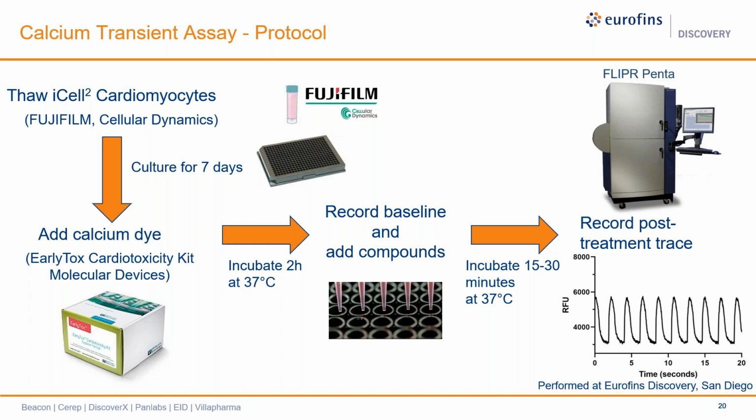We incubate the cells for 2 hours at 37 degrees with this dye in order to allow efficient uptake of the dye into the cells. After that, we record a baseline calcium oscillation trace, and then we add the compounds. 15 to 30 minutes after compound addition, we record the post-treatment trace.